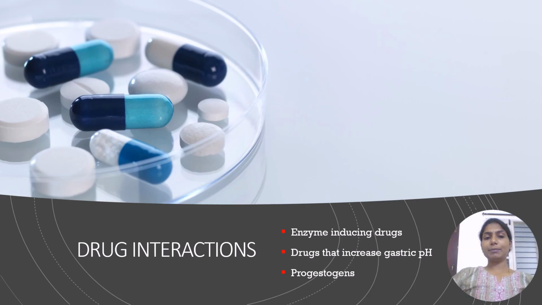These are the anti-epileptic drugs which are enzyme inducing, and these will metabolize ulipristal acetate and decrease its efficacy. So when the woman is on enzyme inducing drugs like primidone, phenobarbital, phenytoin, carbamazepine, eslicarbazepine, oxcarbazepine, and topiramate, in these women, we should not give ulipristal acetate. Levonorgestrel is preferred.